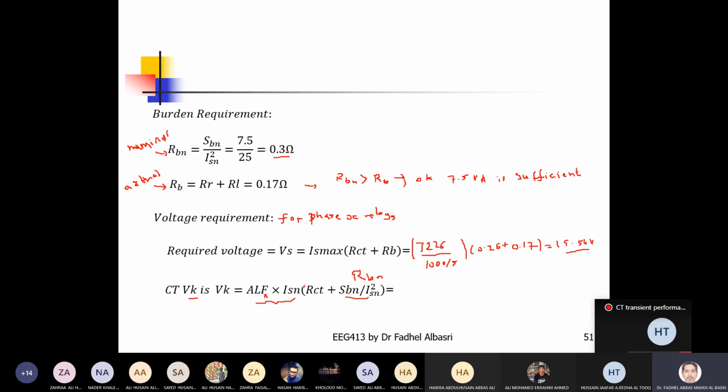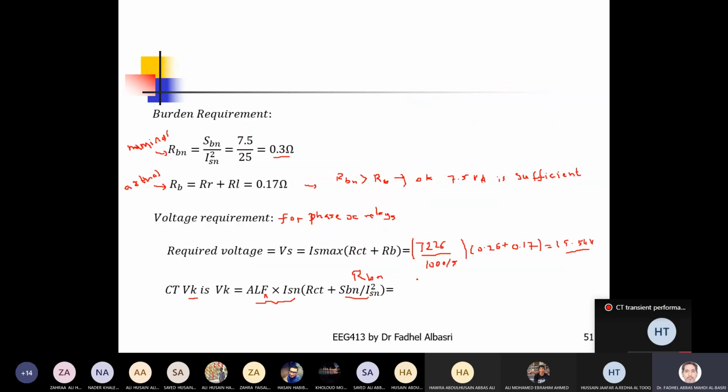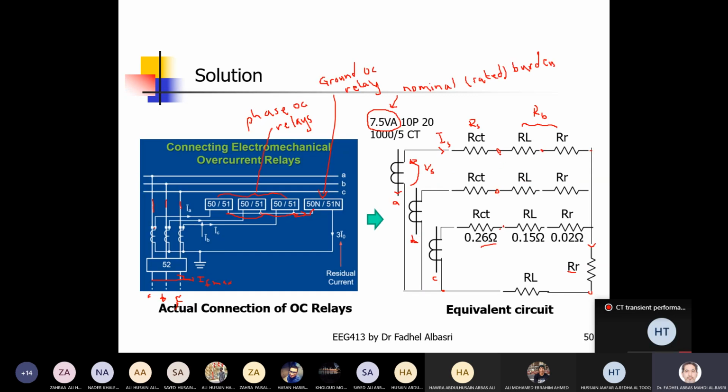I substitute here: the accuracy limit factor is 20, times rated secondary current 5, times, now if you multiply this, it gives me the voltage class at the burden, from here to here. But I want V secondary compared with V secondary.